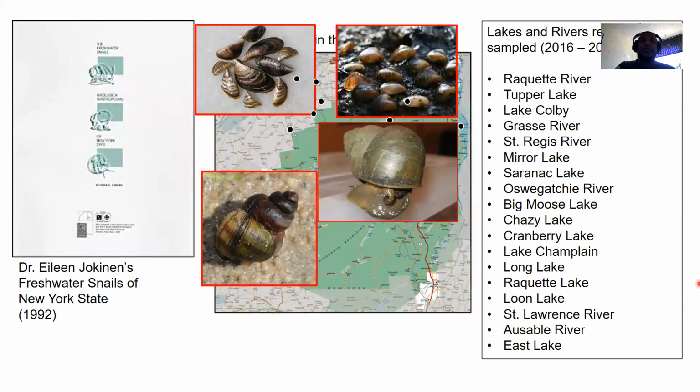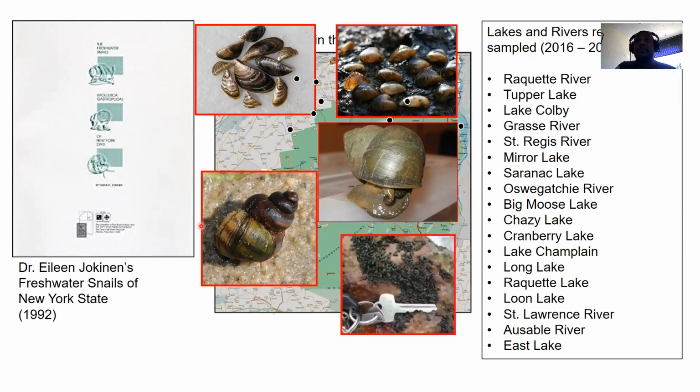So we have the so-called mystery snails: the Chinese mystery snail, the banded mystery snail, the New Zealand mud snails. And what we found was that some of the species that Dr. Jokinen recorded in her surveys, we can actually find when we sampled specifically the same rivers and lakes that she sampled. And so what we think happened is that there was a change in the composition of mollusks over the last 20 years or so.